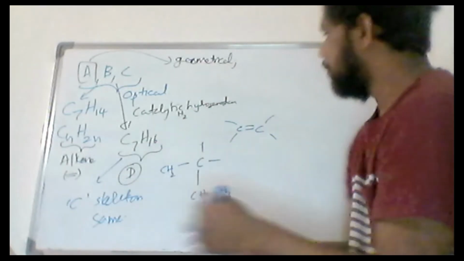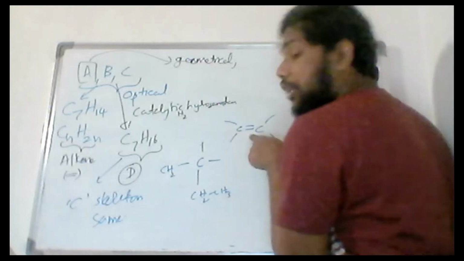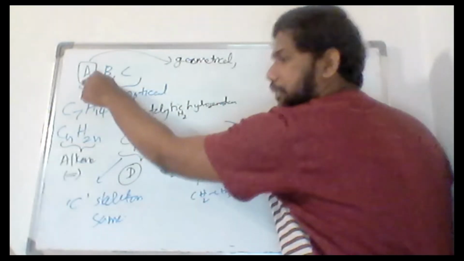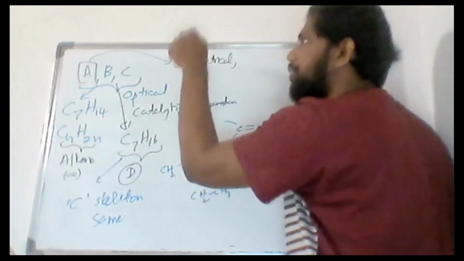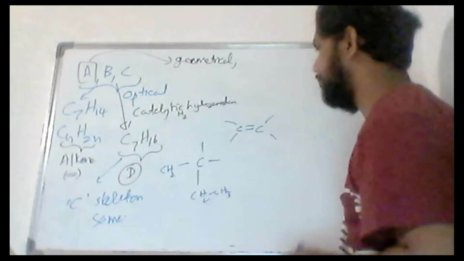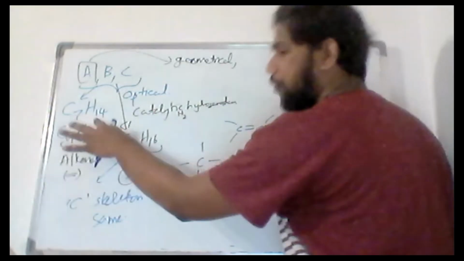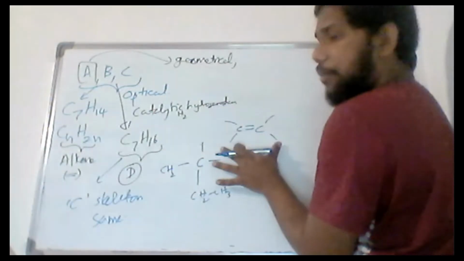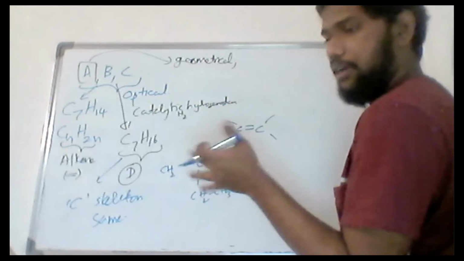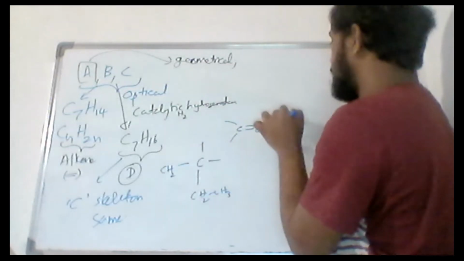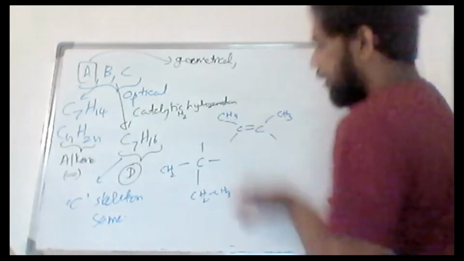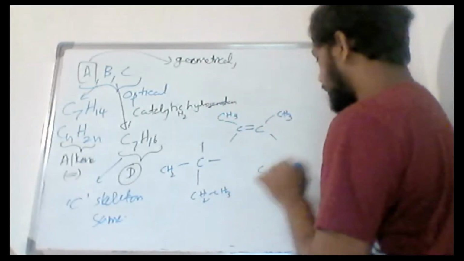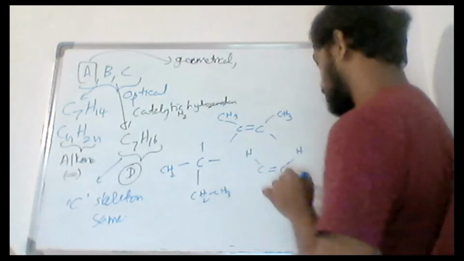Okay. So we'll go to compound A. It shows geometrical isomerism. So if it is showing geometrical isomerism, based on this formula, the double bond can have cis-trans configuration. So it can be a CH3 group like this, showing cis and trans configuration, or it should be 2 hydrogens like this.